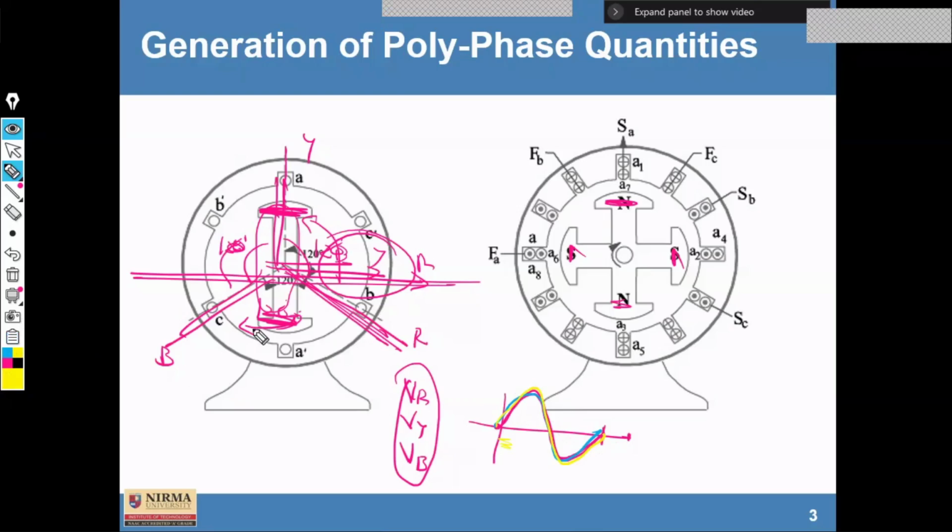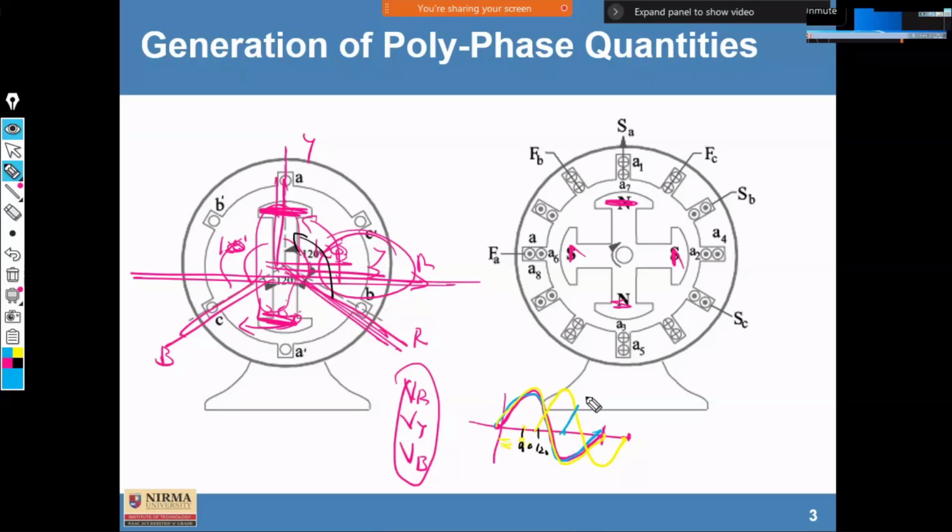But if we maintain the phase difference of 120-degree, then we can have 3 different waveforms R, Y, and B. After 120-degree, another waveform, which is yellow in color, can be drawn like this. And similarly, blue color, which is again at 240.